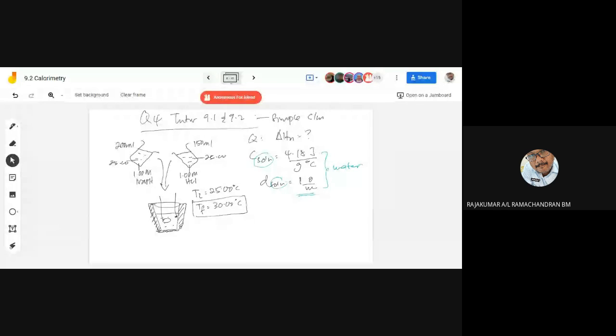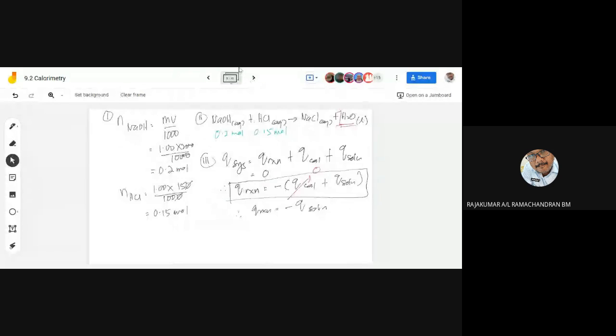Ada. So dia bagi specific heat capacity of solution, dia bagi density of solution. So dia bagi dua-dua. Okay? Alright. So kita patah balik ke slide number 9. So kita kata sini kita boleh kira Q reaction equals to negative M solution C solution delta T.